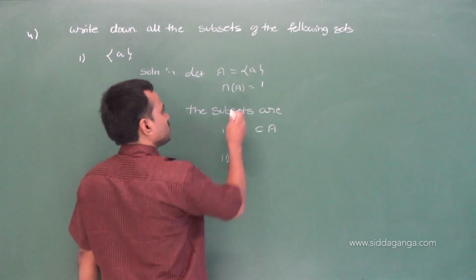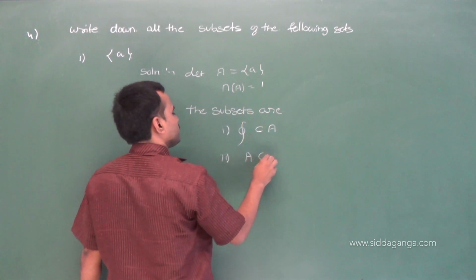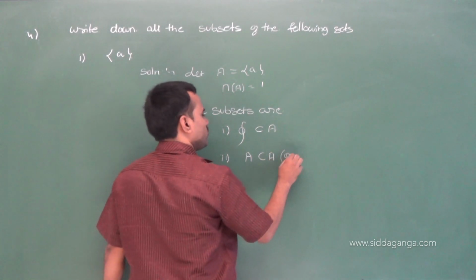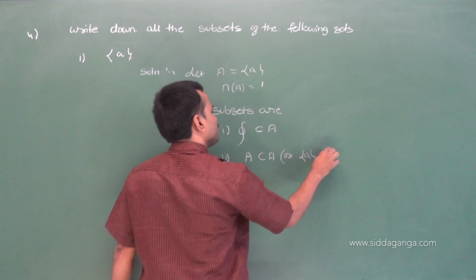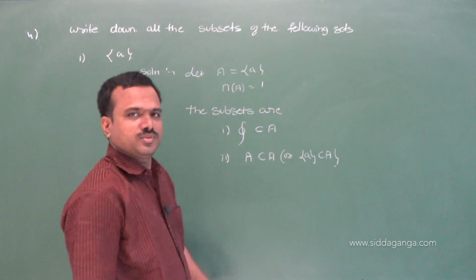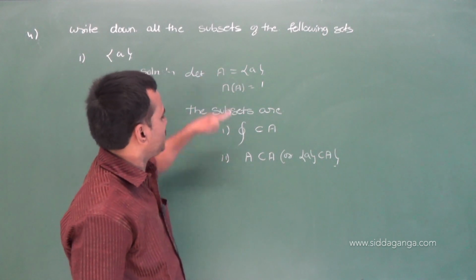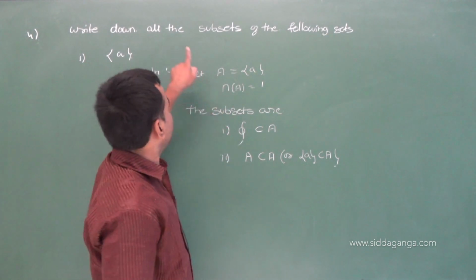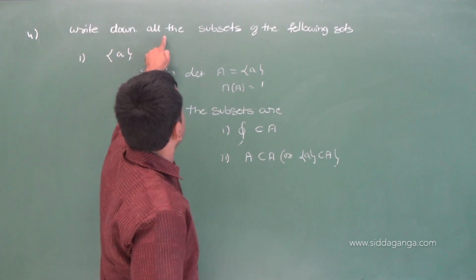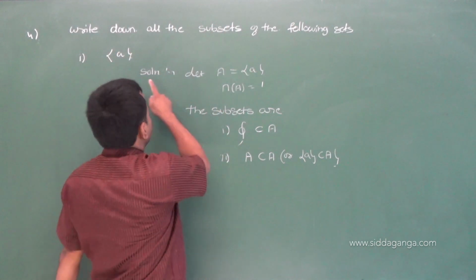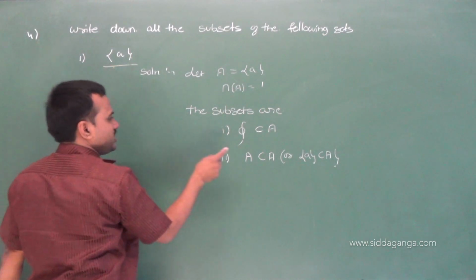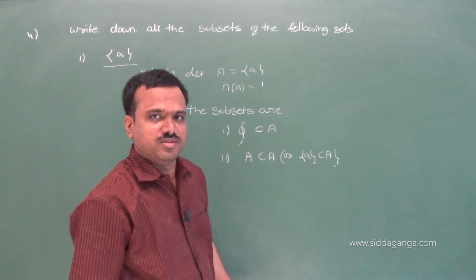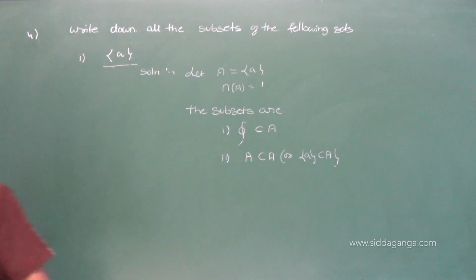Second one is {a}, because it contains only one element, or if you want to write like this also, set of a. The number of subsets with respect to the given set is 2. One is empty set, another one is the set itself. What he asked, write down all the subsets. All the subsets of the given set is empty set and set itself. Understand? First question is over.